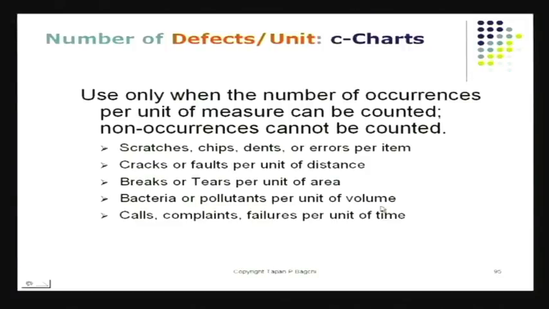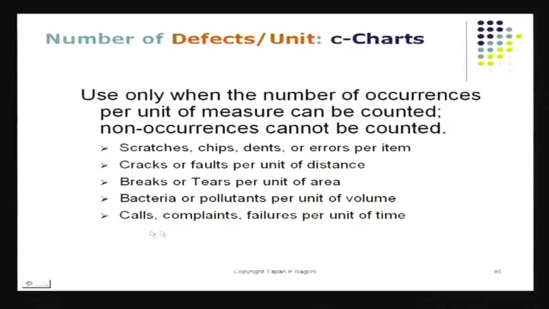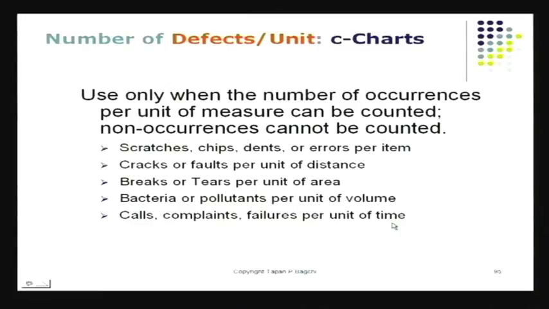Or pollutants per unit volume of liquid that you find in a puddle or in a lake or in a well, an oil well, for example. Or calls, complaints and failures per unit of time, per hour, how many calls are not being answered properly, for example, or they are dropping off because the queue is too long. Those things can be monitored as defects per unit.